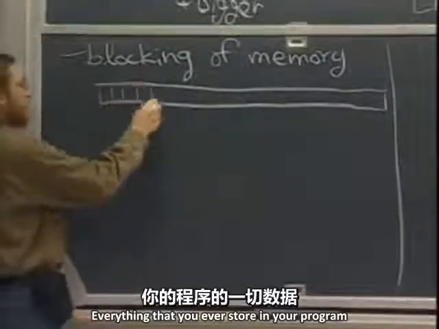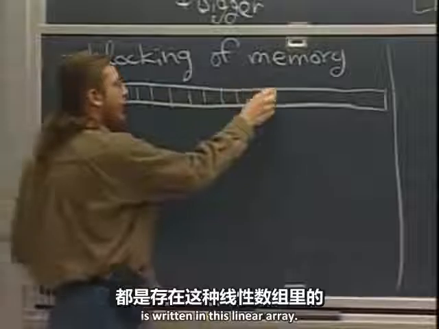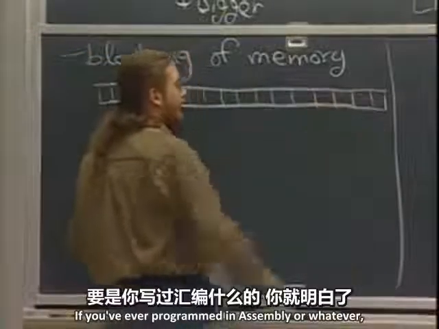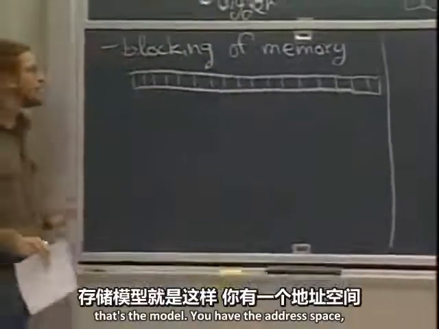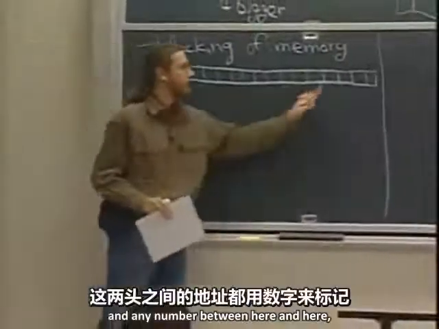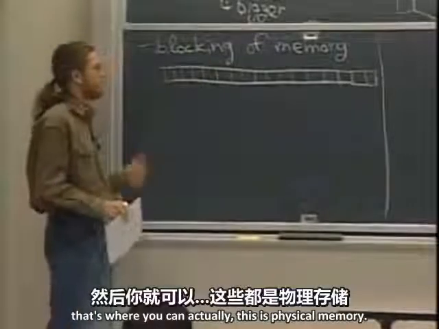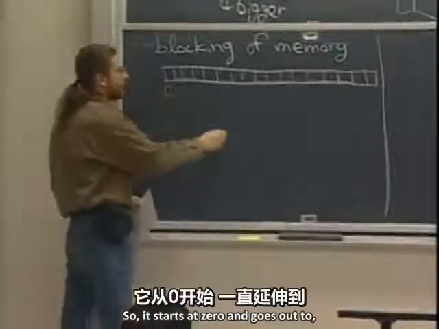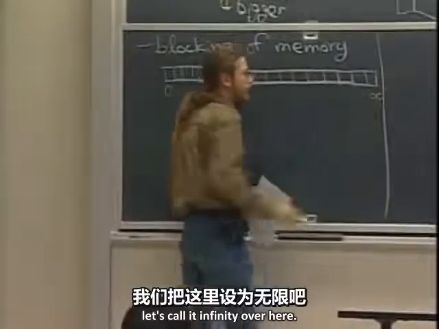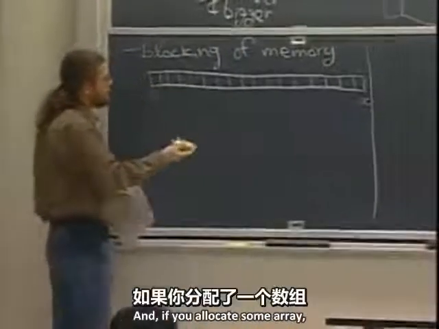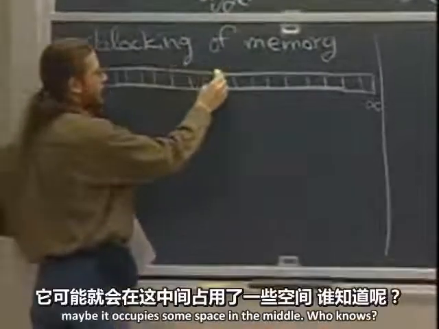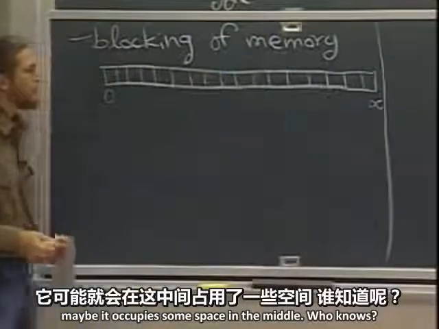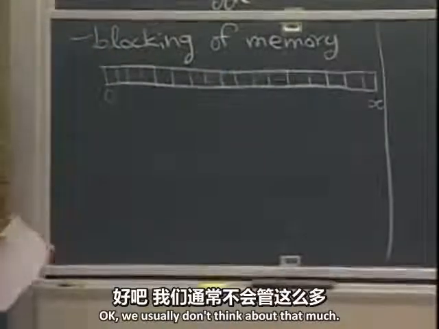Everything that you ever store in your program is written in this linear array. If you've ever programmed in assembly or whatever, that's the model. You have this address space, and any number between here and here, that's physical memory. This is all you can write to. So it starts at 0 and goes out to, let's call it infinity over here. And if you allocate some array, maybe it occupies some space in the middle. Who knows? We usually don't think about that much.